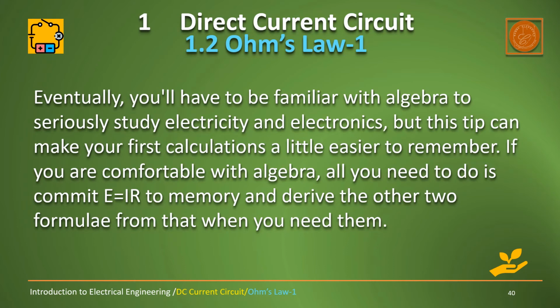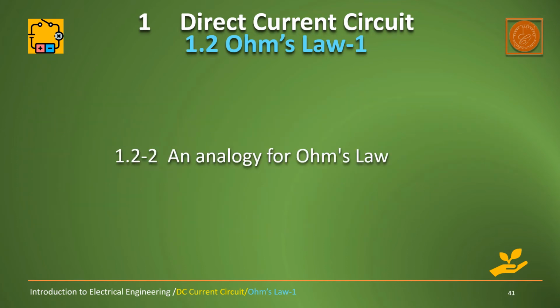If you are comfortable with algebra, all you need to do is commit E equals I multiplied by R to memory and then derive the other two formulas from that when you need them. Let's continue.